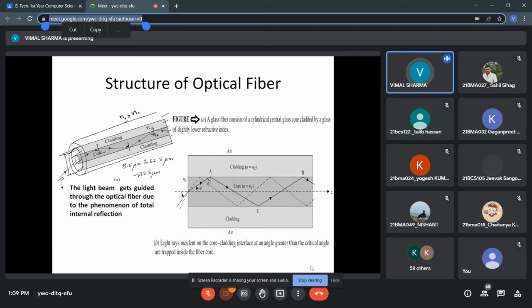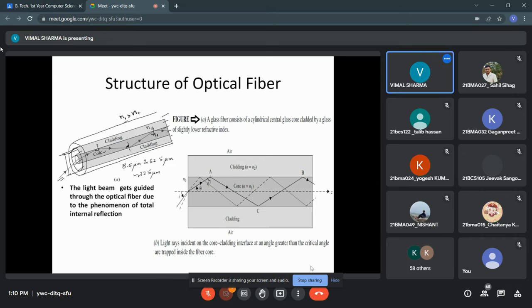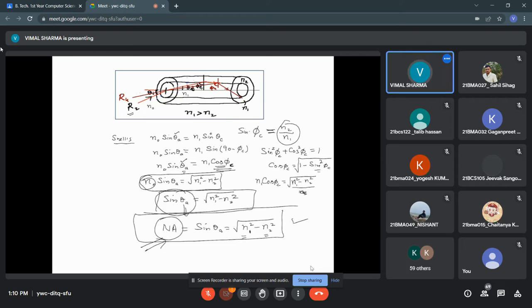If we try to send a light ray which makes a slightly bigger angle than the acceptance angle, then this ray, when it strikes the core cladding interface, strikes at a lesser angle than the critical angle. As the angle is less than the critical angle, that light is not accepted by the optical fiber. All these details we have discussed yesterday.